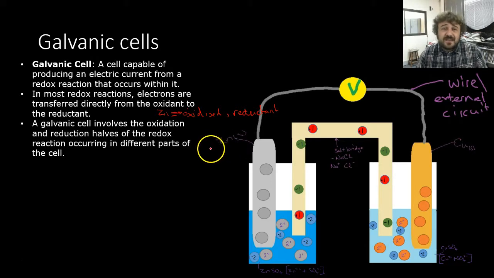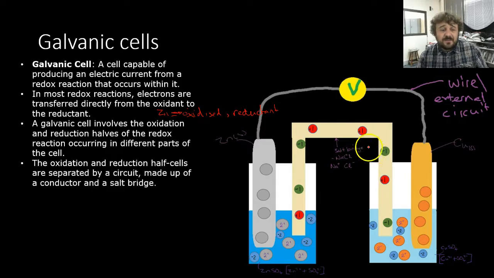The galvanic cell essentially involves the oxidation over here and the reduction over here in different parts, so different half cells, different parts of the cell. Now, basically, the oxidation and reduction half cells are connected by an external circuit, that's here, and a salt bridge connecting them.